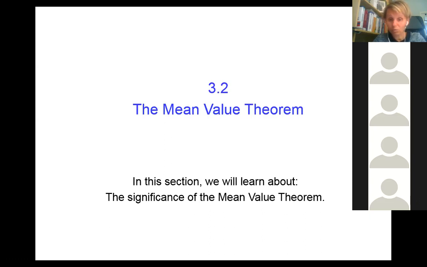I hope we remember what it is. The extreme value theorem was the property about the continuous function. If we have a continuous function defined on the closed interval, we will always find the highest and the lowest point.